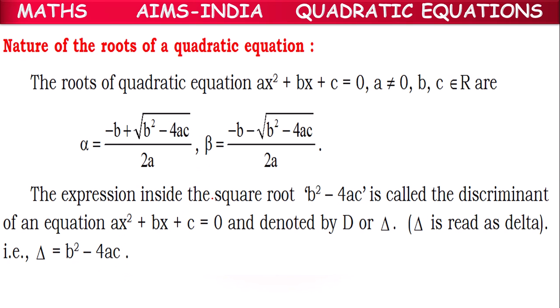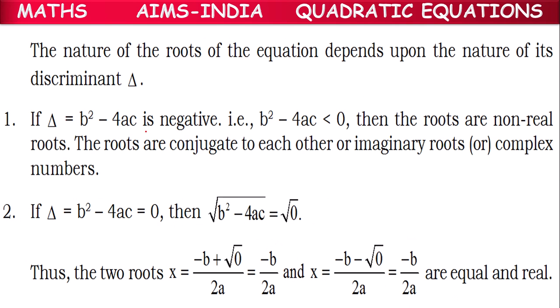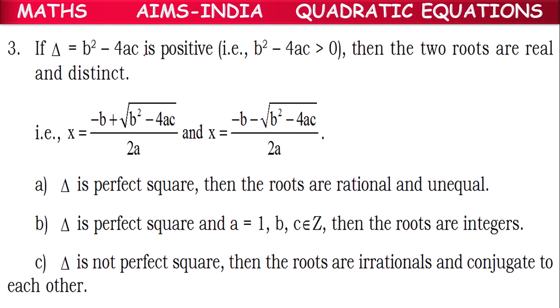Nature of roots depends on the discriminant. If the discriminant is negative, roots are non-real. If the discriminant is 0, roots are equal and real. If the discriminant is positive, roots are real and unequal. If it is a perfect square, roots are rational.